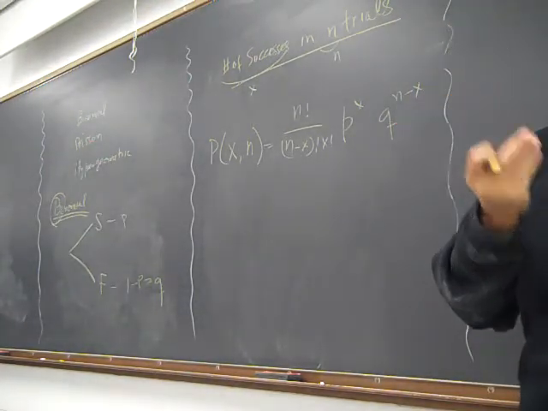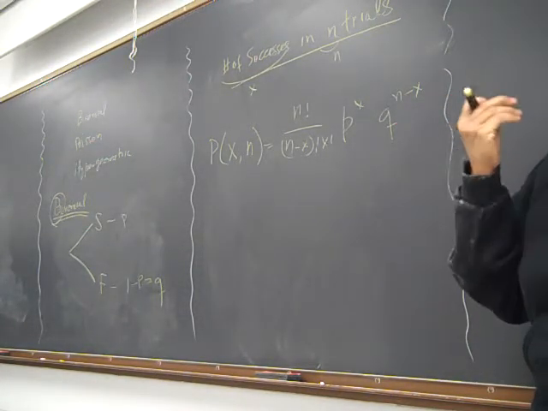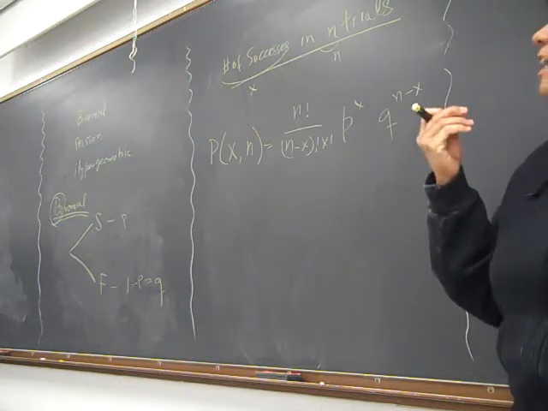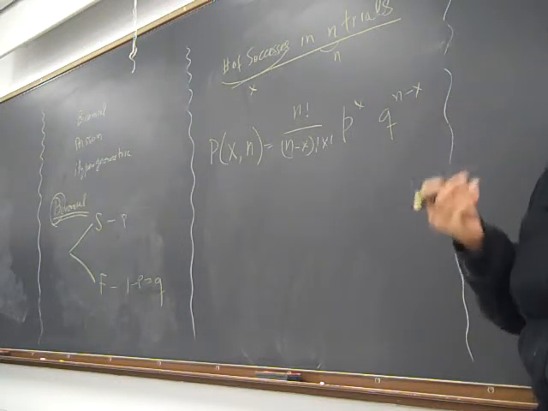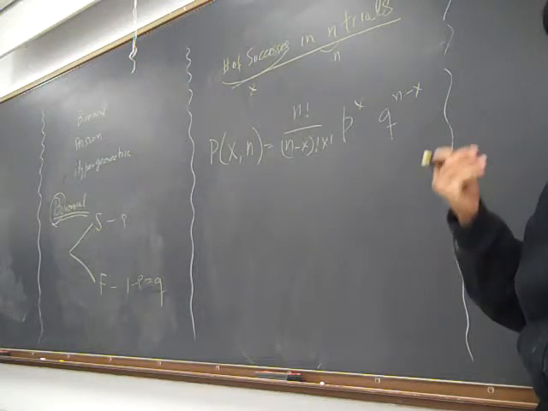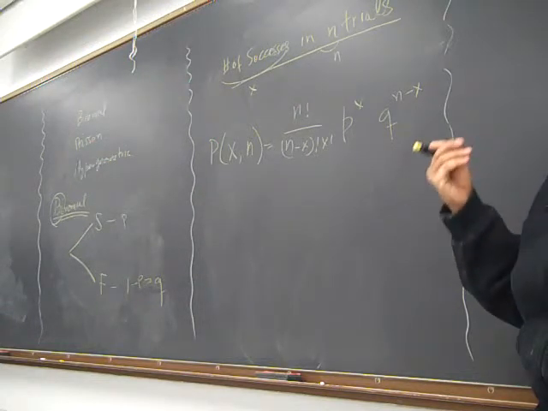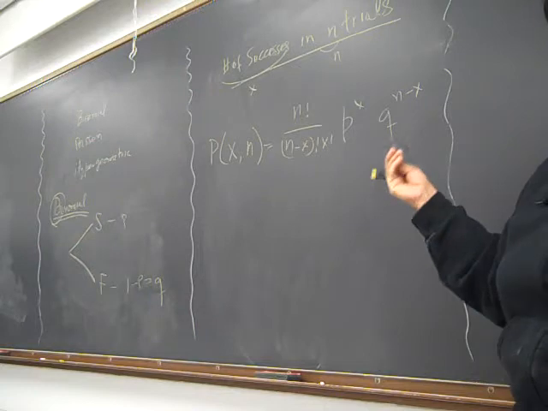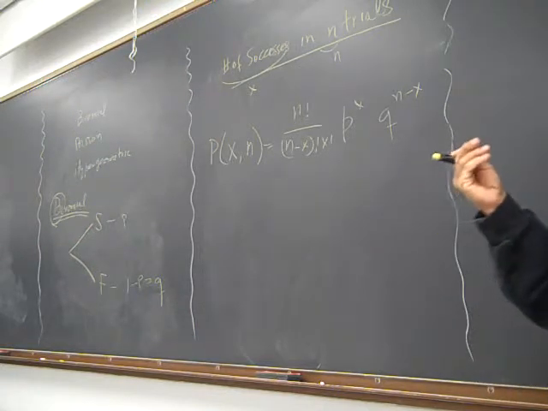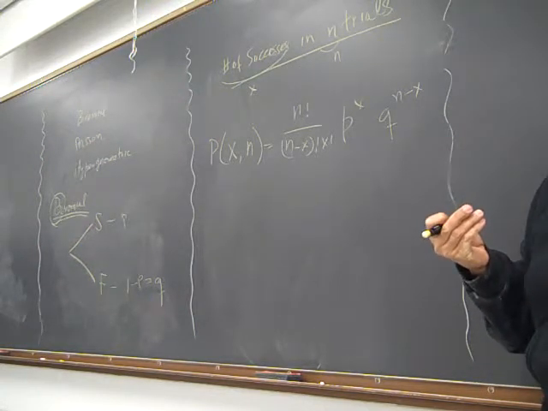That is the formula for the probability of exactly x successes in n trials, when the probability is P for success and Q for failure.